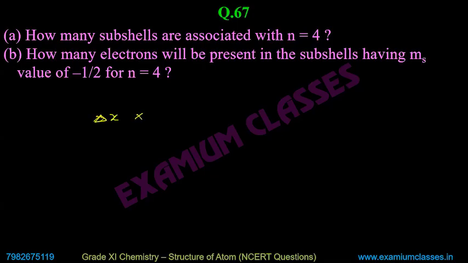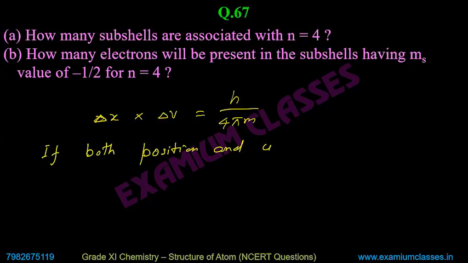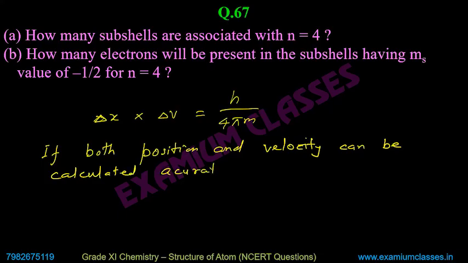If you can calculate both position and velocity accurately, so I'm writing it: if both position and velocity can be calculated accurately, then particle nature prevails.